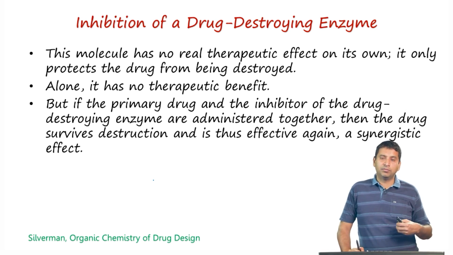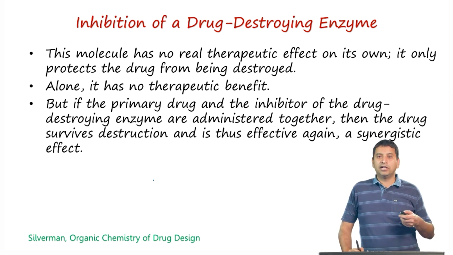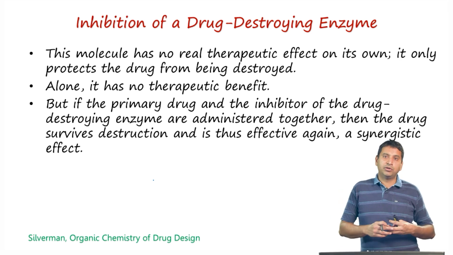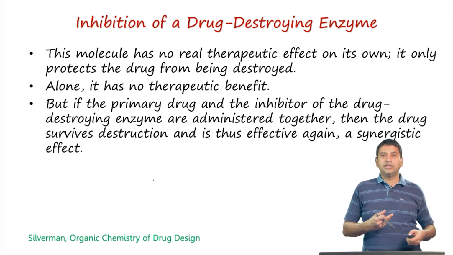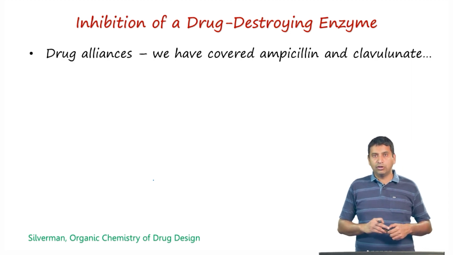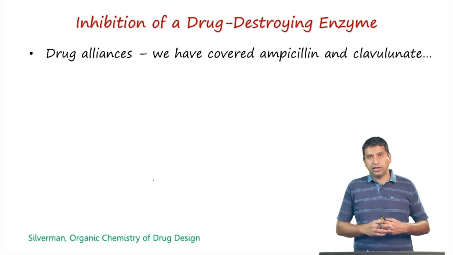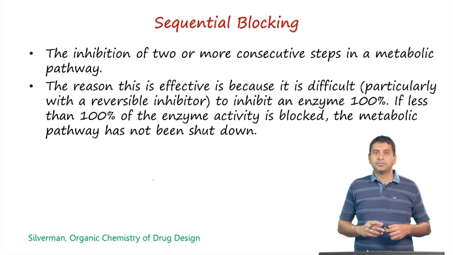This is also called sensitizing the pathogen to the drug. If the primary drug and the inhibitor of the drug destroying enzymes are administered together, then together they can have a synergistic effect. We have already seen this previously in the case of ampicillin and clavulanate. They are administered together so that you can protect ampicillin from beta lactamases.